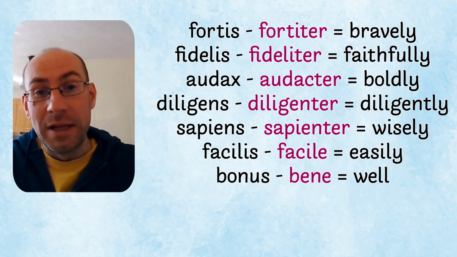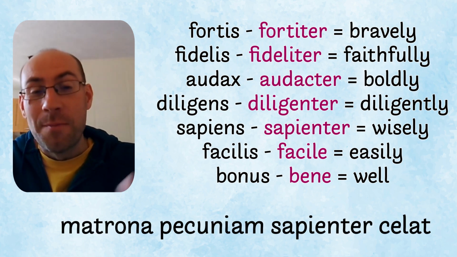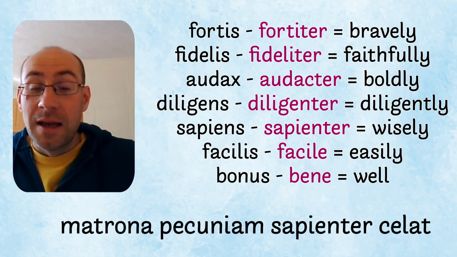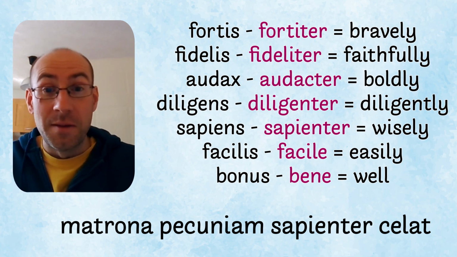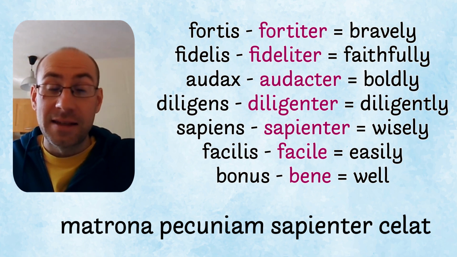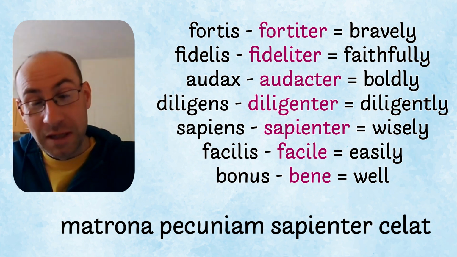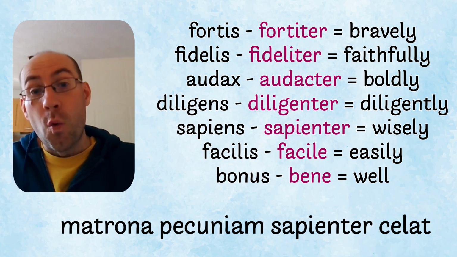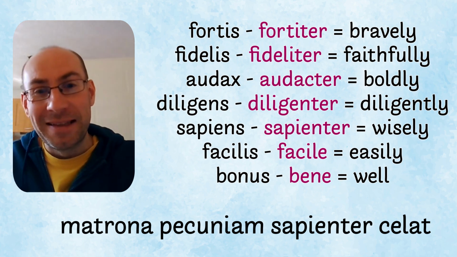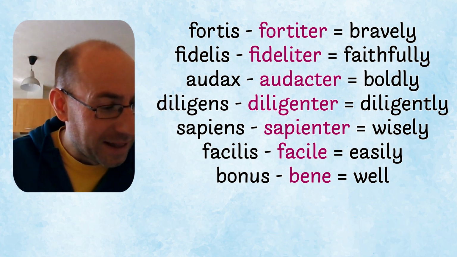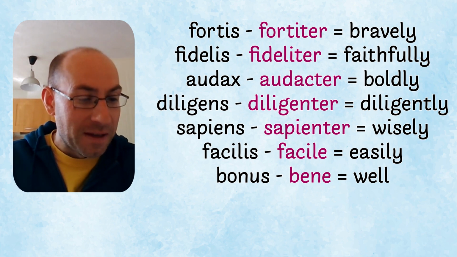Matrona pecuniam sapienter celat. So again, you could say the wise matron, matrona sapiens. The matron is wise, matrona est sapiens, or sapiens est. But here we're defining the activity. So it's wisely hides, sapienter celat. Matrona pecuniam sapienter celat.